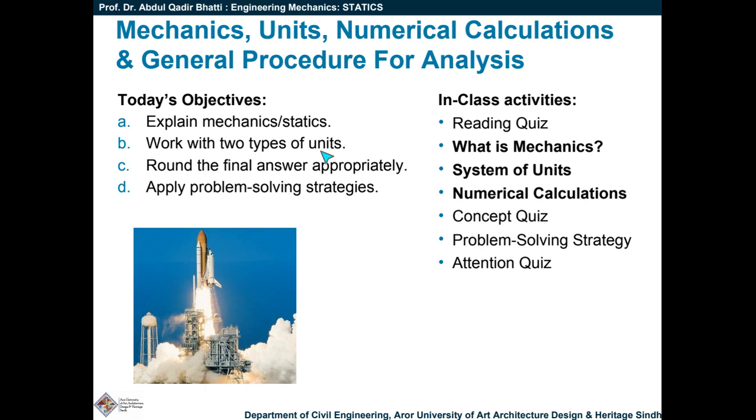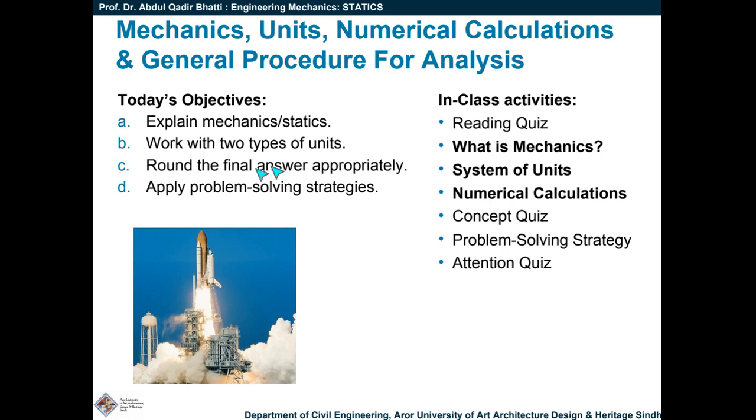One is SI units, and the other is English units. English units are sometimes called American units, and SI is the system international units. We use the newton meter, and in the English units we use pound and feet like that.